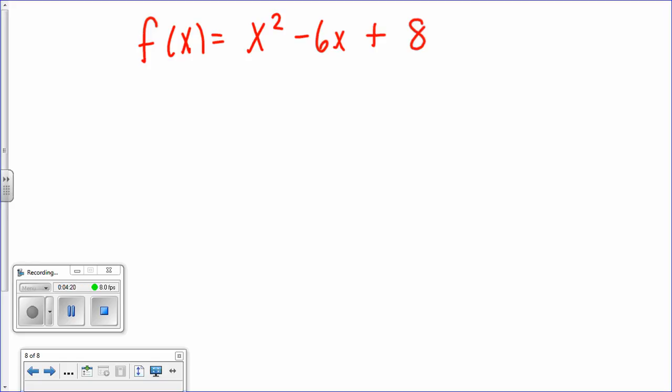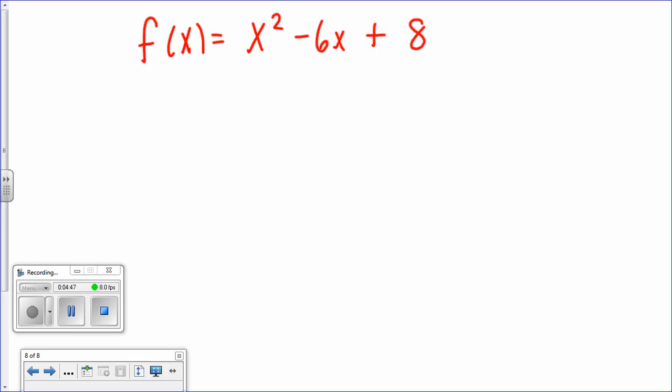That's what form? Standard form. We're going to write one step down that we're not going to have to do here, but we're going to write it down anyway. Steps to complete the square.